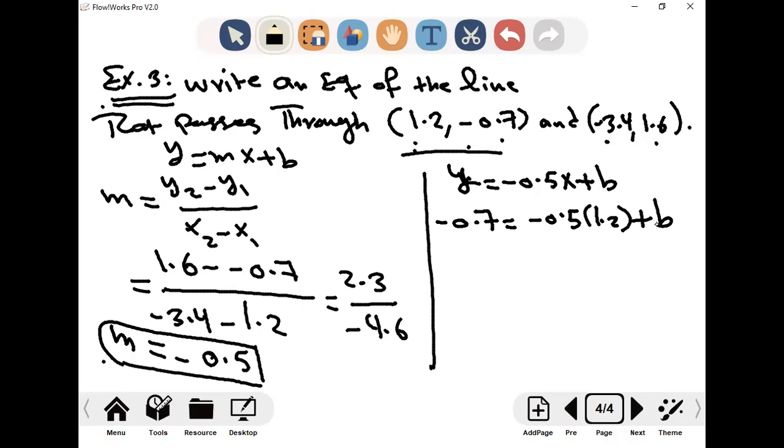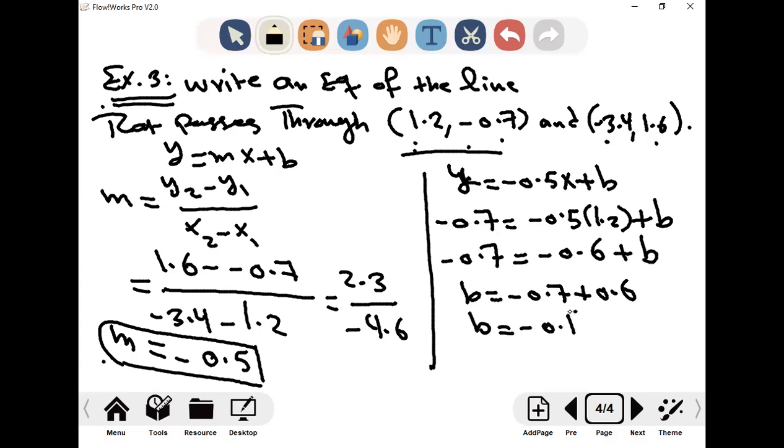Negative 0.5 multiplied by 1.2 is negative 0.6. So negative 0.7 equals negative 0.6 plus b. Shift. So b equals negative 0.7 plus 0.6. So b equals negative 0.1.